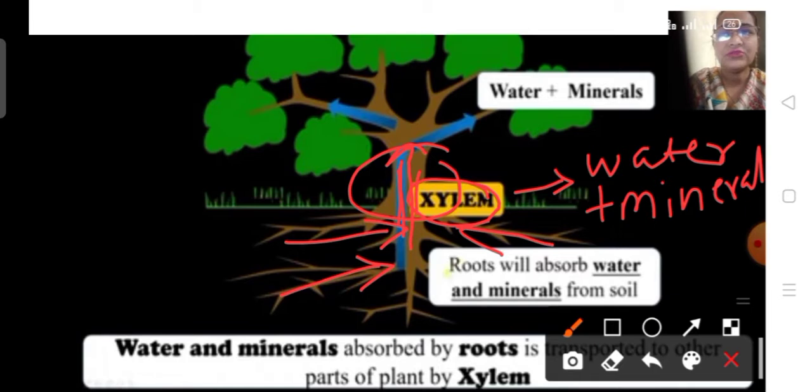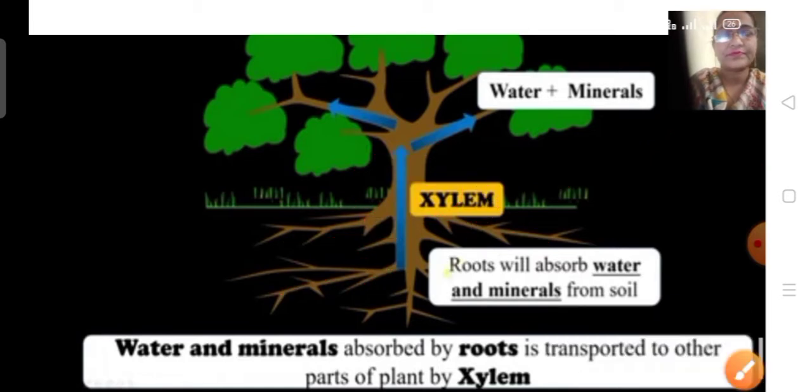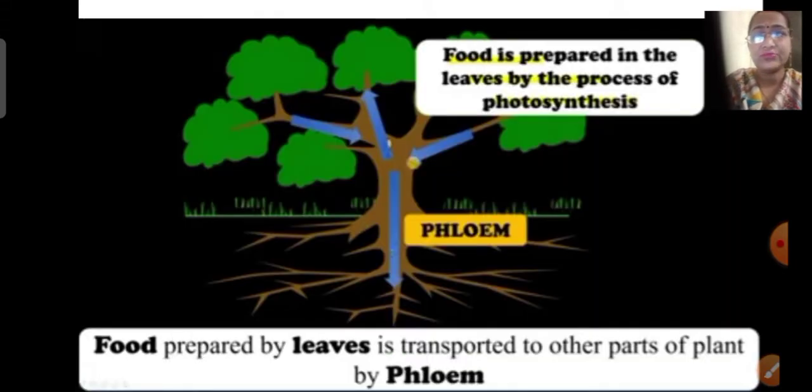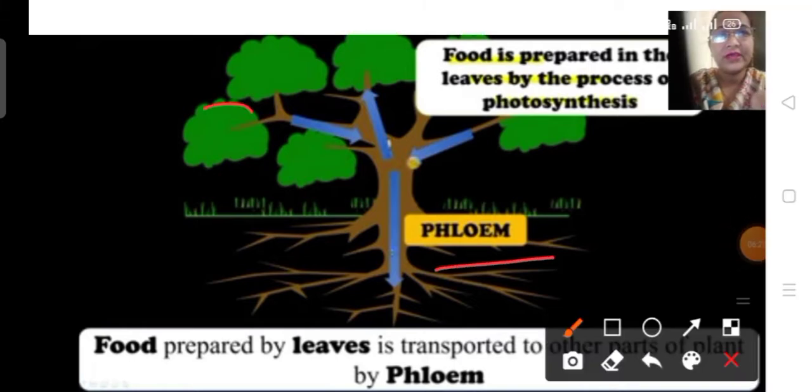Now we also know that food is prepared by the leaves in the plant by the process of photosynthesis, isn't it? This food which is prepared in the leaf is transported to the other parts of the plant, step by step, with the help of special tubes called phloem. So here are the leaves and they prepare food, and this food is transported to the different parts of the plant through the phloem.